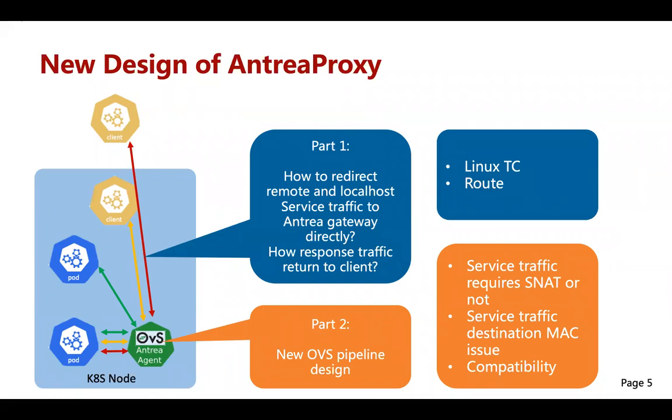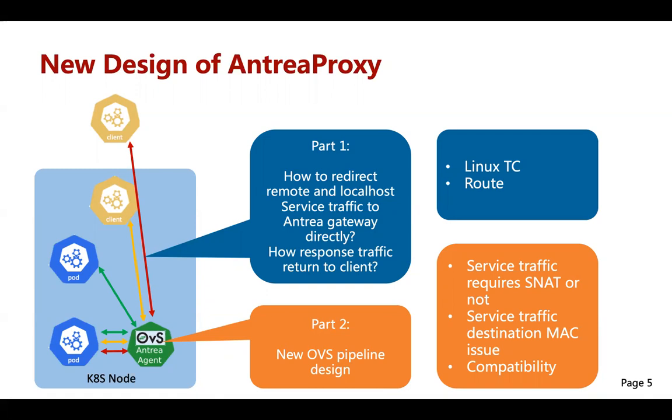Without kube-proxy, AntreaProxy must handle the complete life cycle of service traffic. The second part is the OVS pipeline. I think this part can be used in Linux as well as Windows.